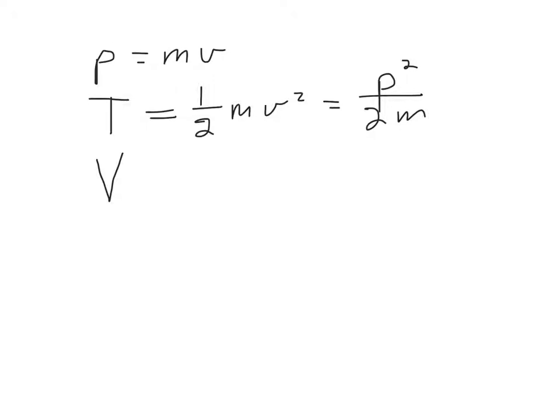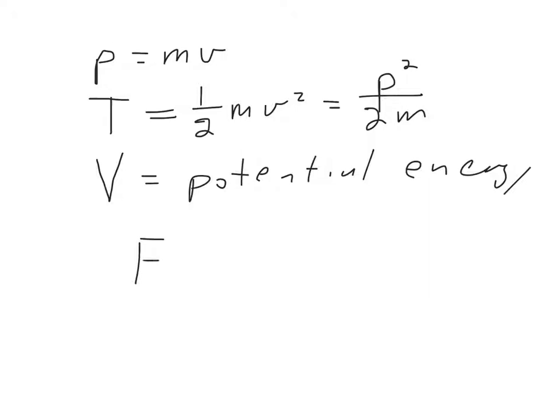I remind you we're just going in one dimension now. And then the force in terms of the potential energy, again for one dimension, is equal to the negative derivative of V with respect to x.